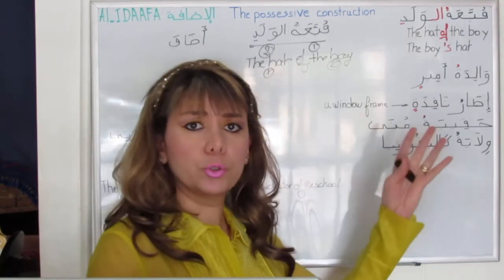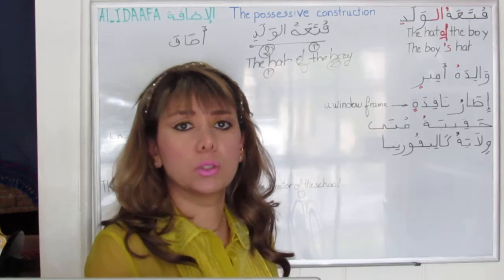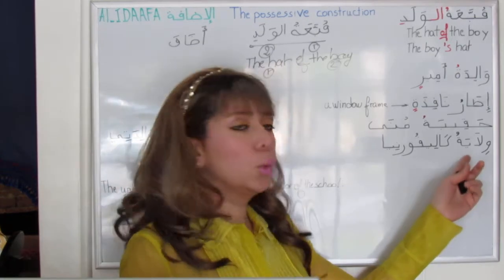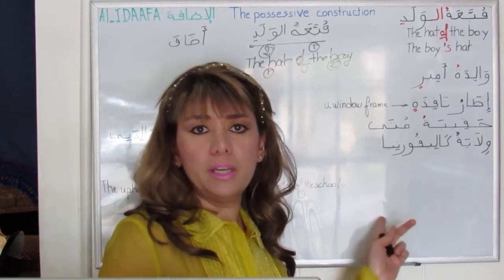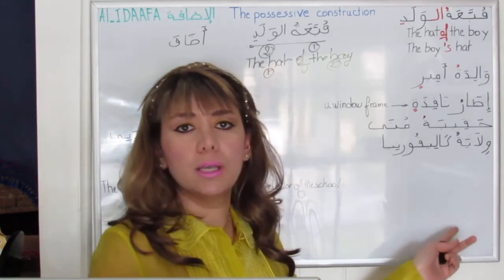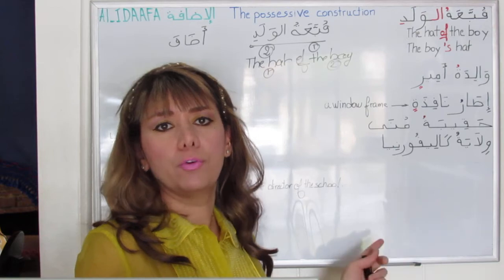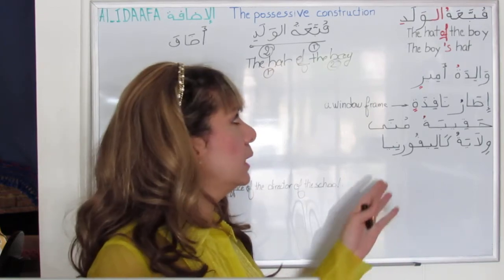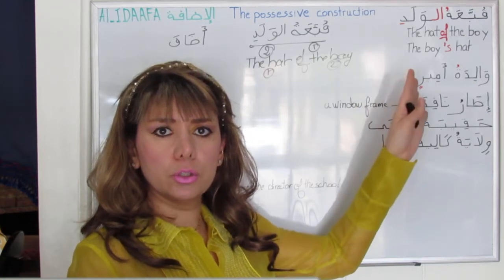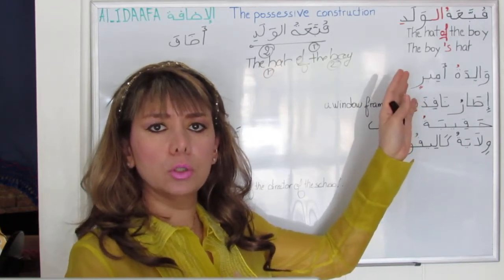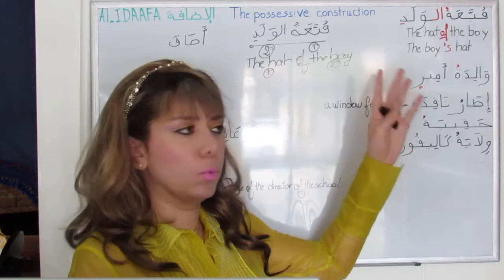Sometimes the apostrophe S doesn't work at all. For example, ولاية California. We don't say California's state. We say the state of California. So mostly use the of structure in possession to translate it. It's more helpful.